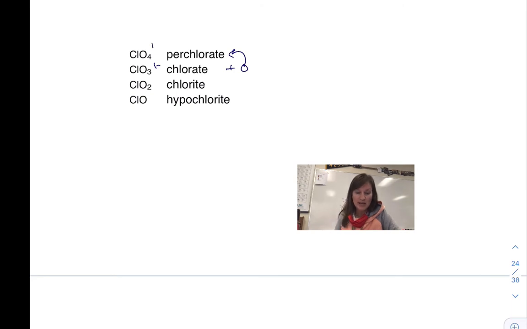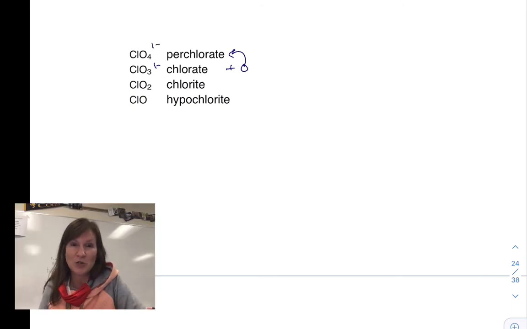Same charge still, -1, it just has 1 more oxygen, now called perchlorate. If I were to subtract an oxygen, then I become chlorite. Okay, so 1 less oxygen, same -1, chlorite. If I were to remove another oxygen, now it becomes hypochlorite, still with a -1 charge.